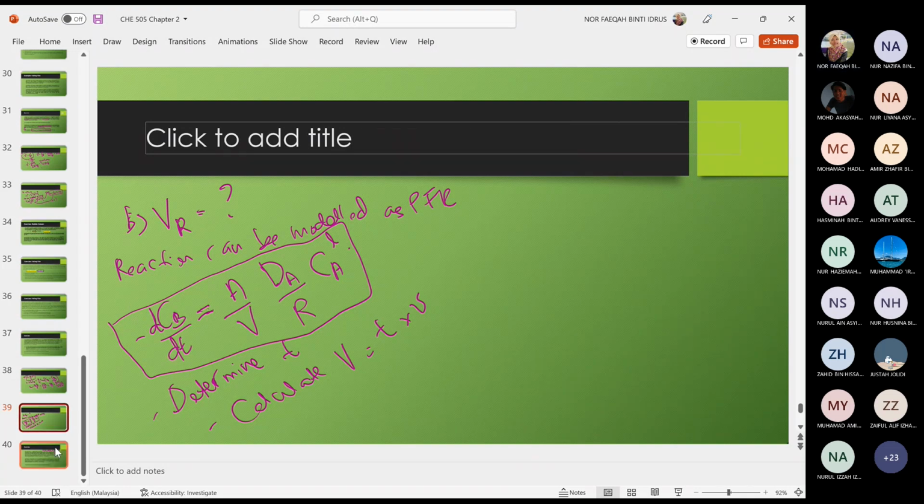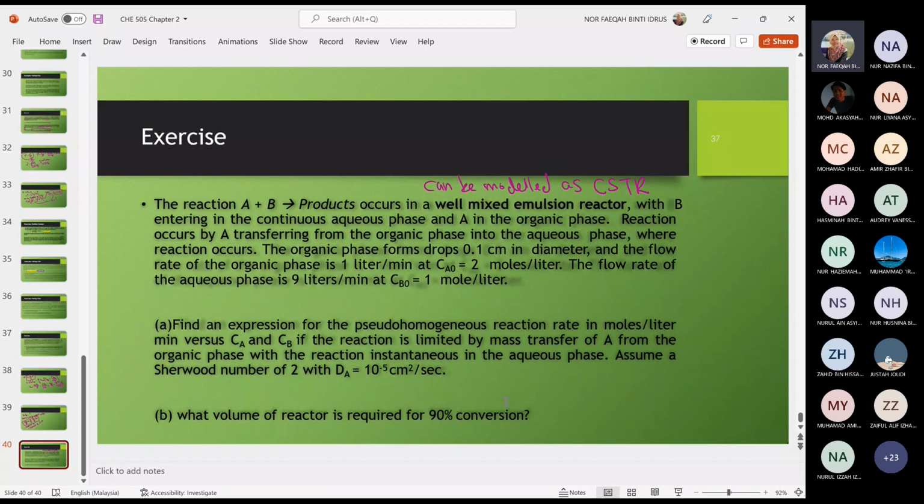Gantilah dengan, so bila you nak kira volume of reactor, gantilah dia punya equation as CB0 minus CB per tau equal to A over V dA per R CA in liquid phase. So this is how you can solve the design problem.